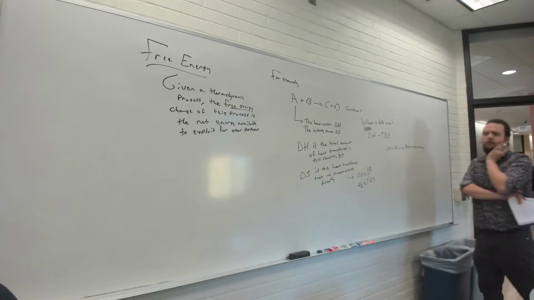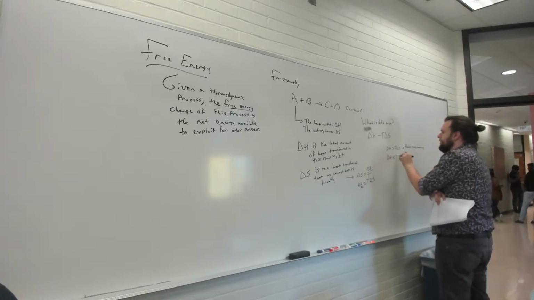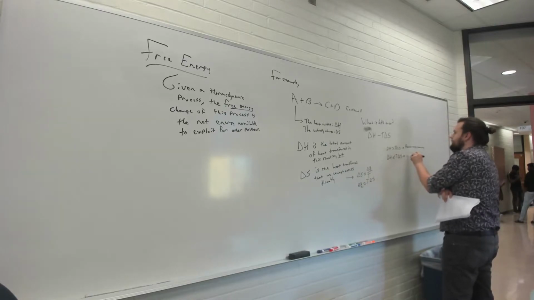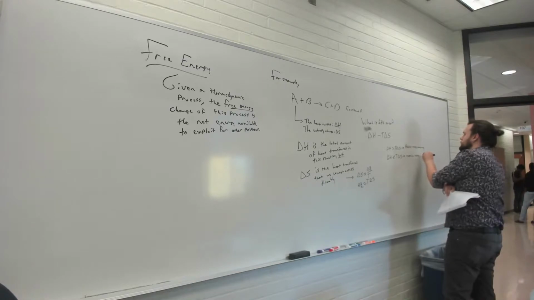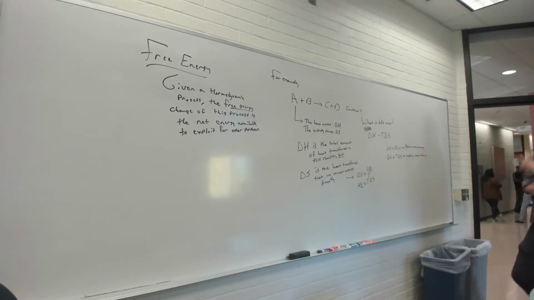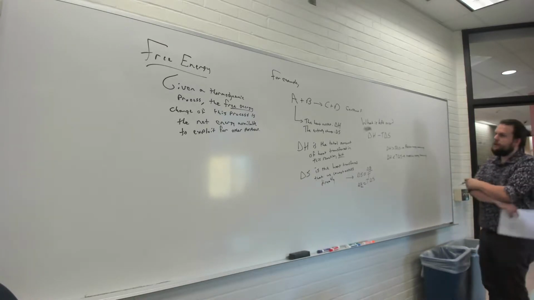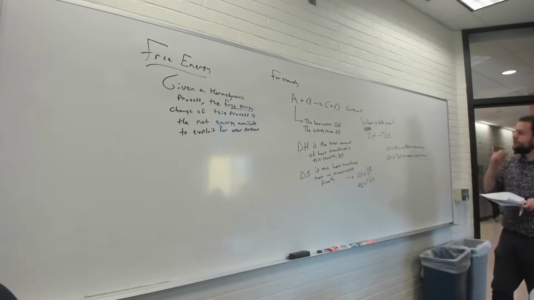We'll talk about what we mean by remaining in a second. And if delta H is less than T delta S, we have negative energy remaining. What does it mean to be positive or negative? Well, it means that we're looking from the perspective of the system itself.